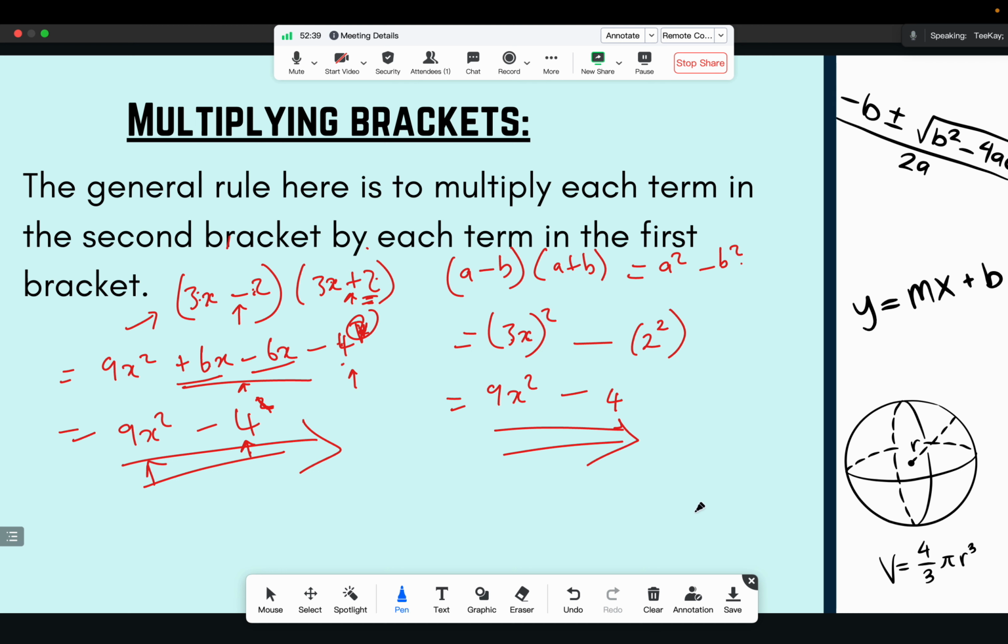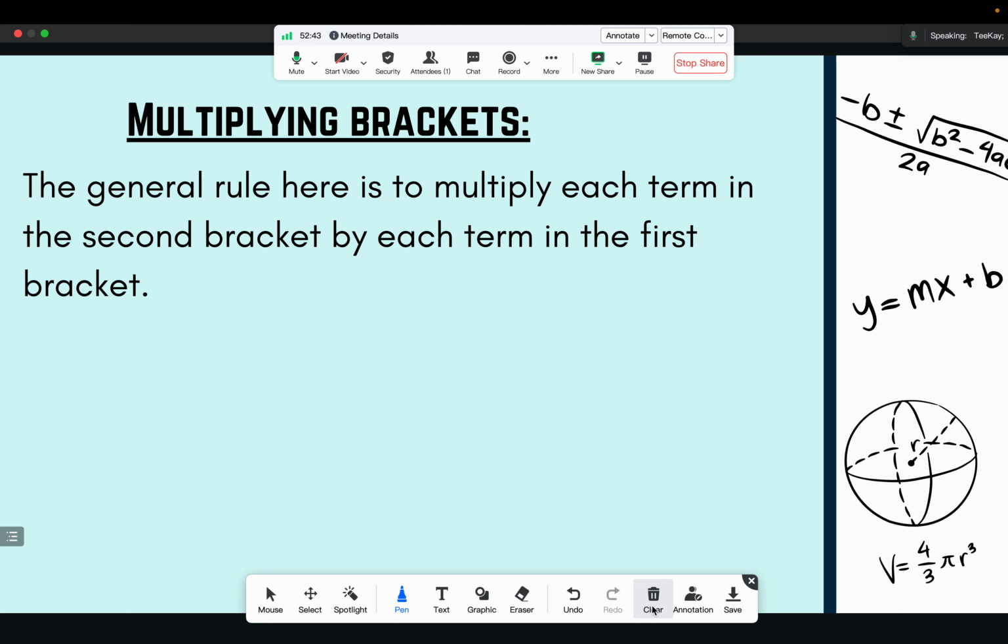So before we finish this, let's have one more example and then we will be done. So here we have 4 minus x, and then we have 7 minus 5x.